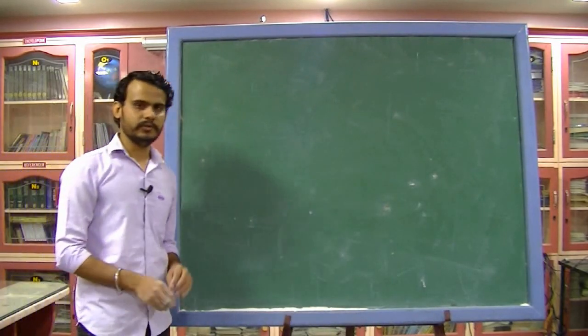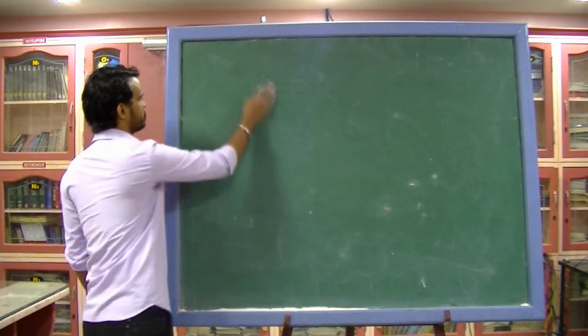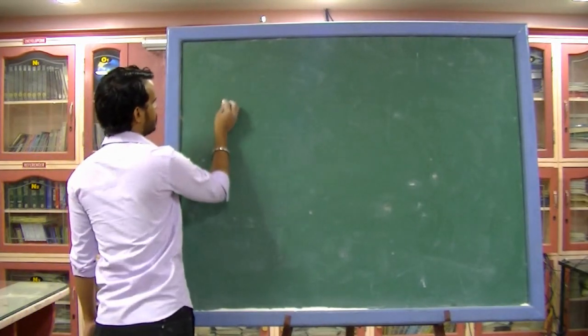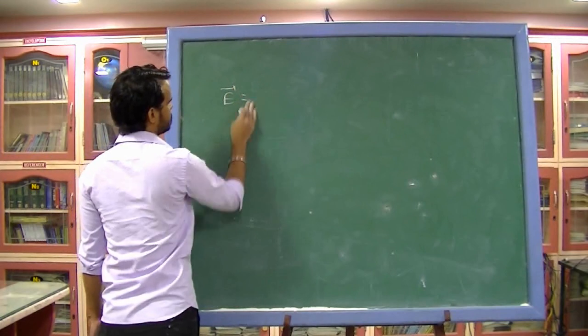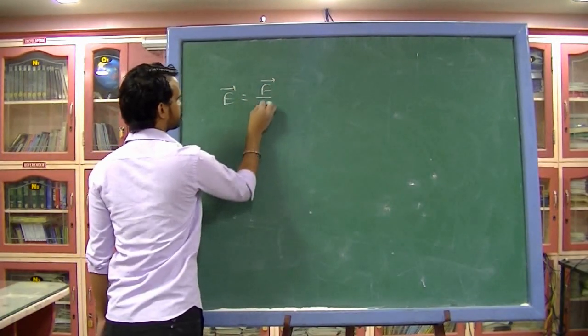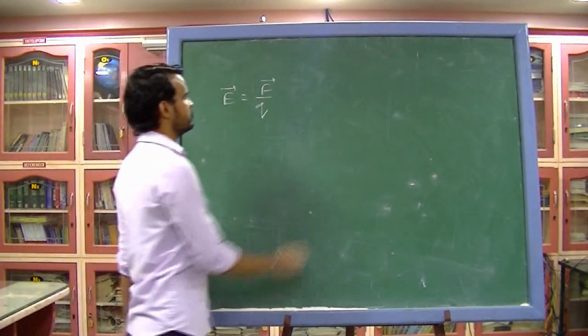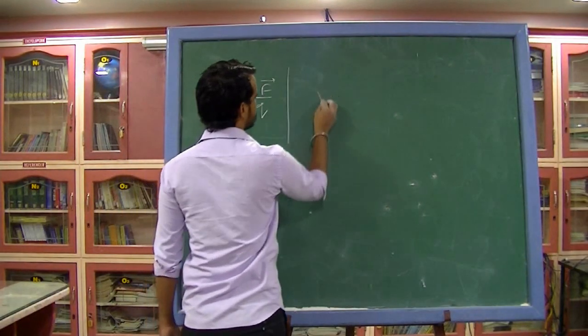So, let us quickly summarize what we have learned till now. We have learned about the relationship between electric field and the force, which can be written as F by Q. Then we have seen the relationship between the electric potential and the electric potential energy.